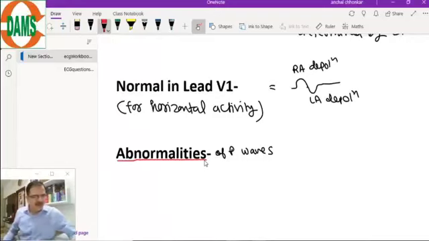So normal we have discussed. Why only these two leads? Because they best represent the P wave morphology.